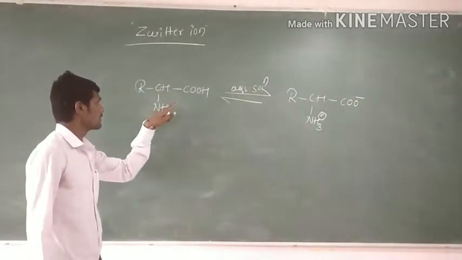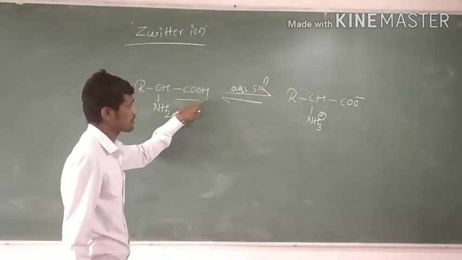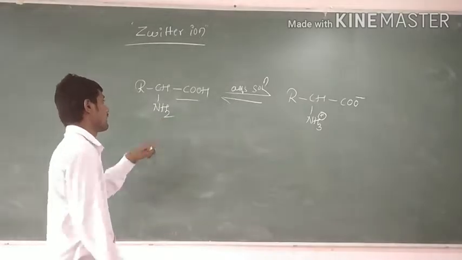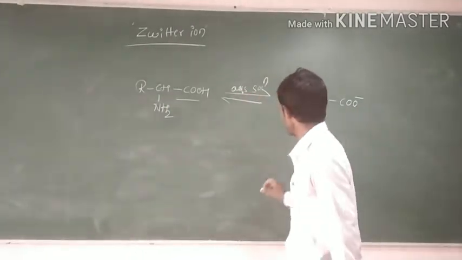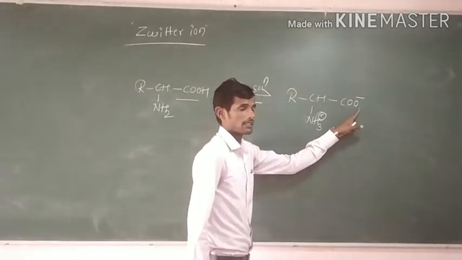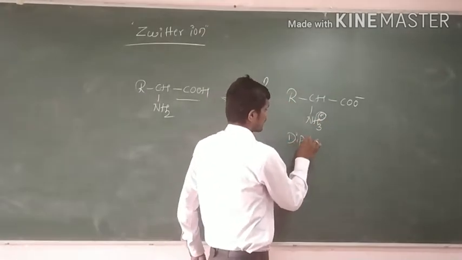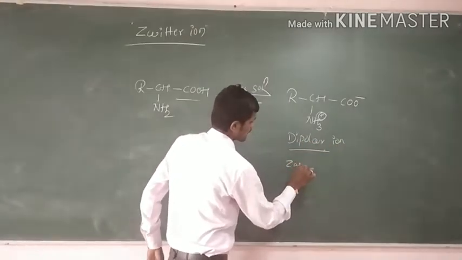See here, the COOH means carboxylic acid group, it lost the proton, and the amino group accepts the proton. Therefore, it contains a positive sign as well as a negative sign, therefore it acts as a dipolar ion, also called as Zwitter ion.